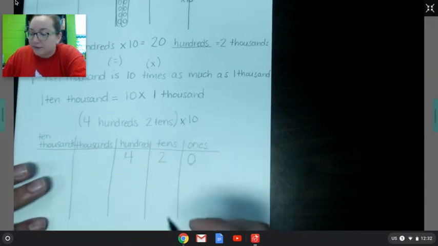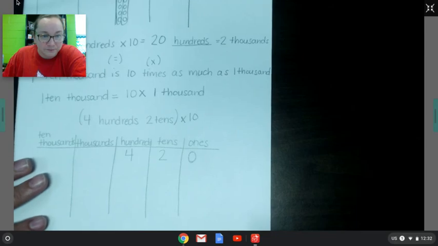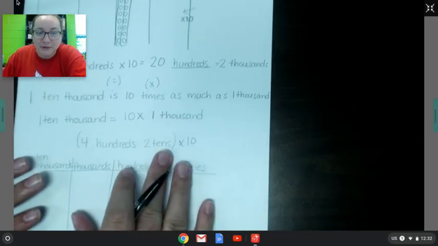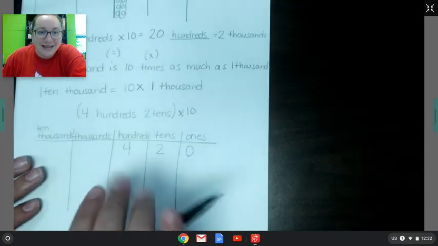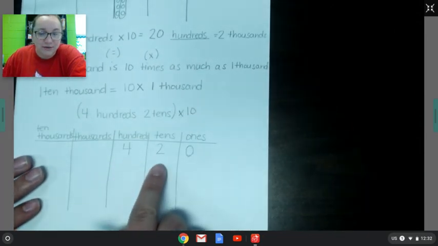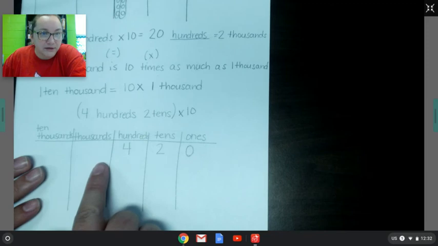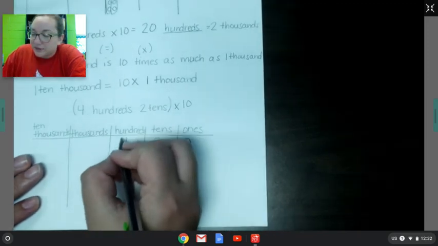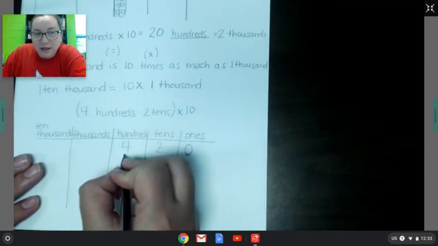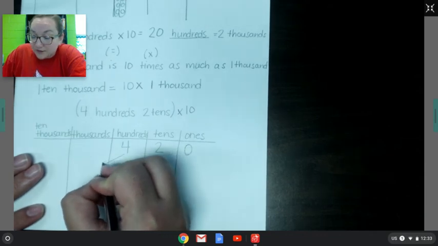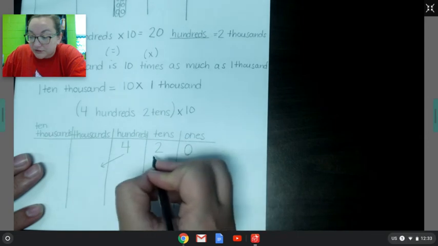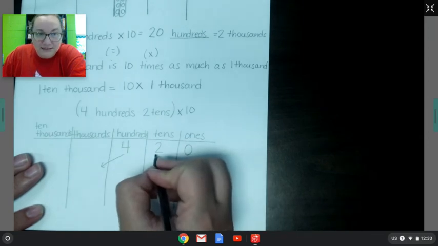So what we're doing is we're multiplying by 10. When we multiply by 10, I'm going to go up. We move forward. So what's going to happen is every digit is going to go up a place value. Okay, so this number 4, we're multiplying it by 10. The 4 is going to go to the thousands place. The 2, we're multiplying it by 10.